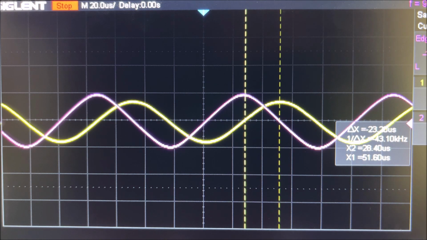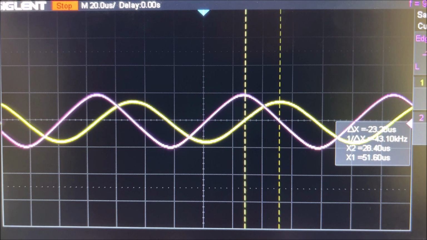Then we take one divided by the frequency, which is 10k hertz, and we get 0.0001. We divide that into our 23 microseconds, and then multiply that by 360 degrees, and it comes out to like 82 something. The phase angle is about 82. Now I calculated it at 81 point something, so we're pretty close there.